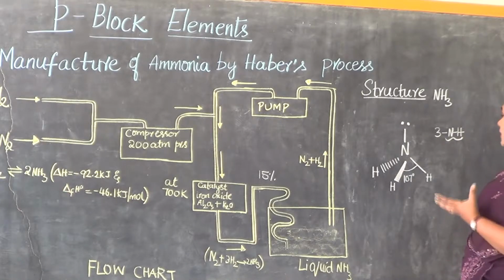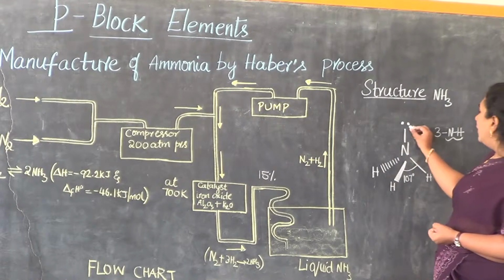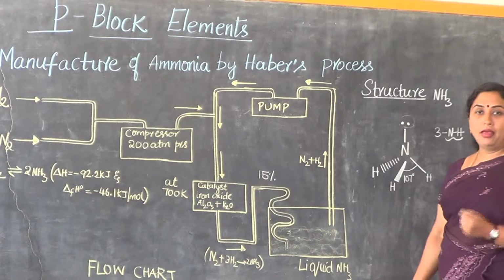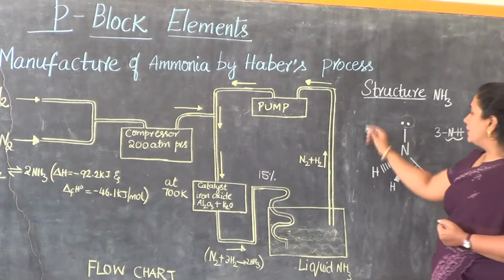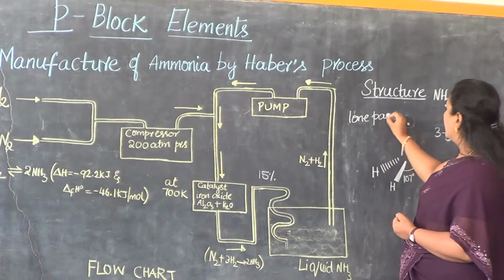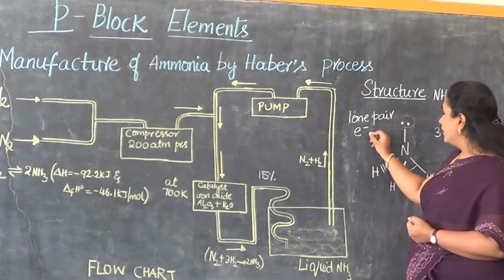Now, here is a very important point to be remembered. On nitrogen, we see the presence of a lone pair of electrons. These 2 dots indicate 1 lone pair of electrons. What do we mean by a lone pair of electrons?